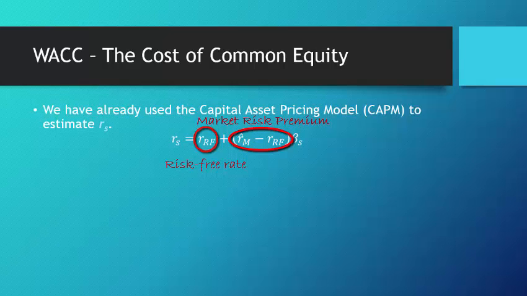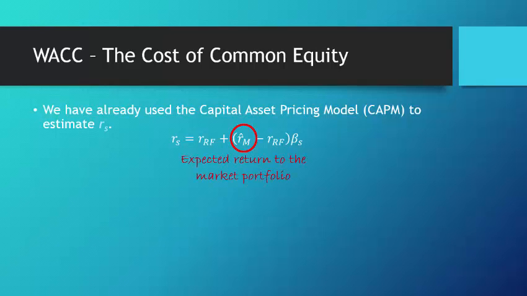Now the risk premium is R hat M minus R sub RF. R hat M just means the expected return to the market. So if we take the expected return to the market and subtract from that the risk-free rate, we get what's called the risk premium, RP sub M.